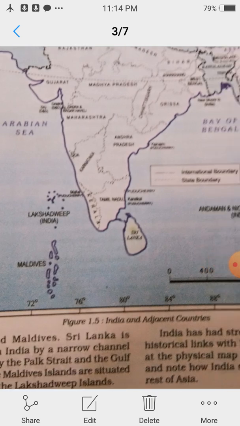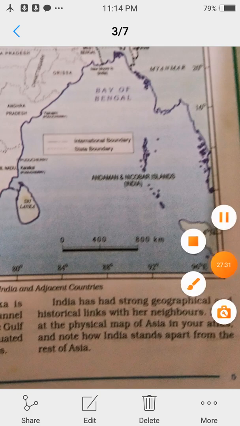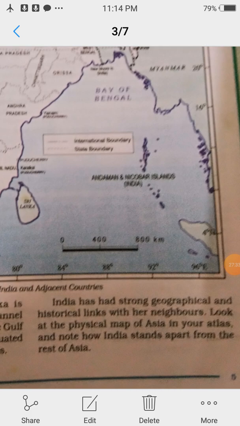Then India has strong geographical and historical links with her neighbors.